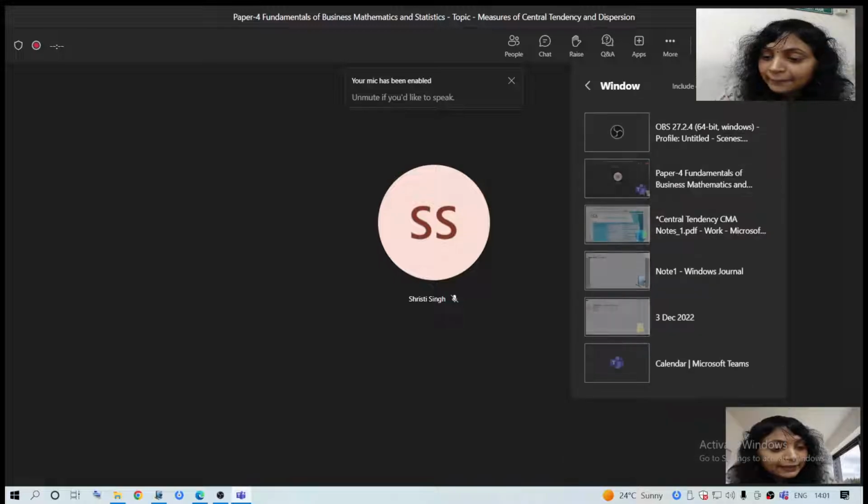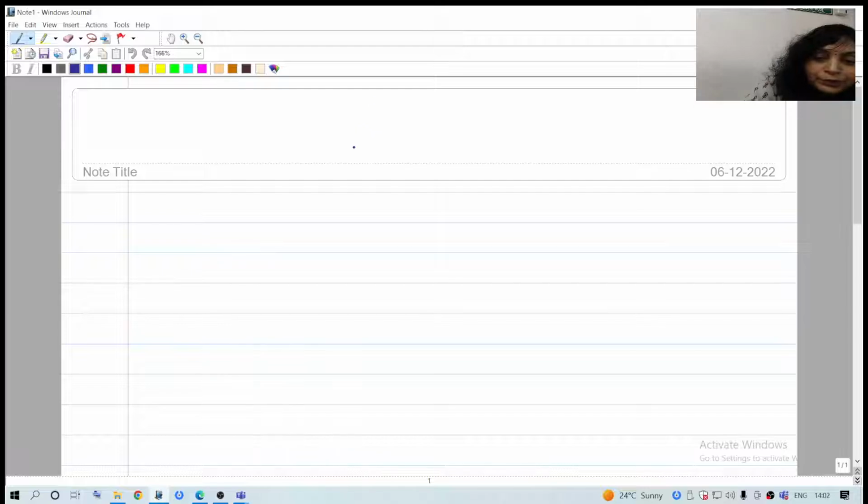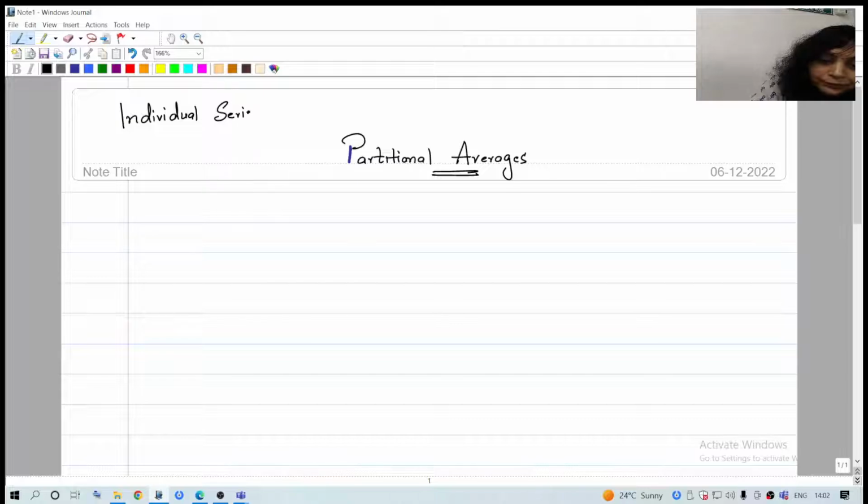We are computing partitional averages in case of individual series. So the first thing is you have to arrange the series in ascending order.